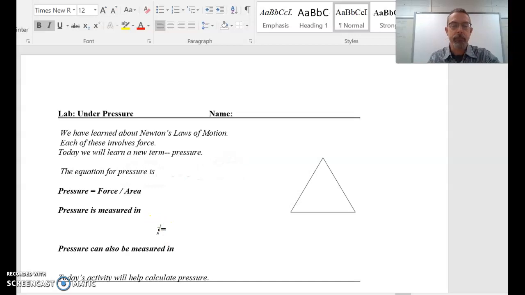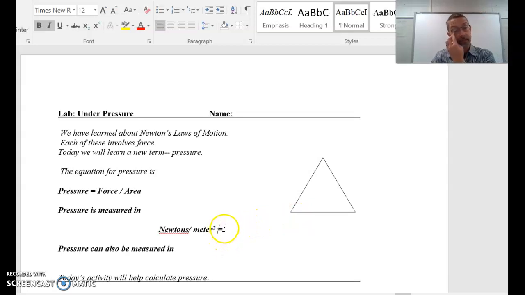When we've worked with force, you should know that force is measured in newtons. Area, in the metric system, we measure distances in meters, but we are going to square that. So it is newtons per meter squared.